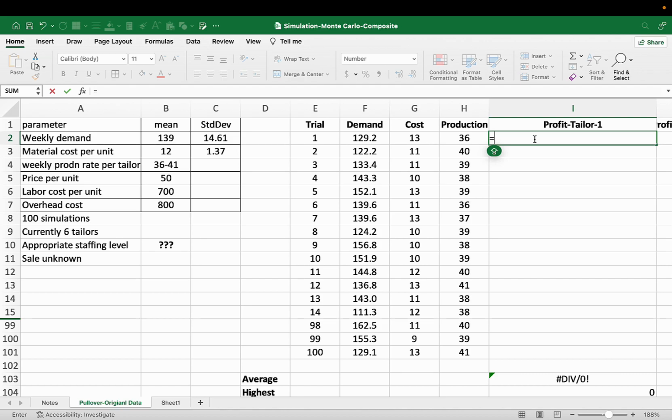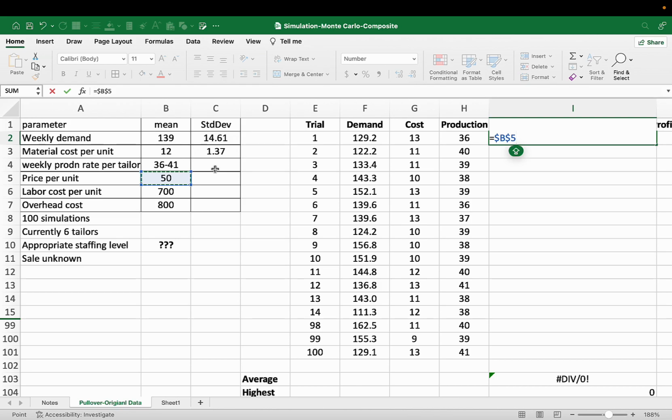For revenue, one of the things is price, and the price per unit of pullover is $50. Again, make sure it is locked, because we are going to drag it down, but this should remain constant. So Fn and F4 keys together.